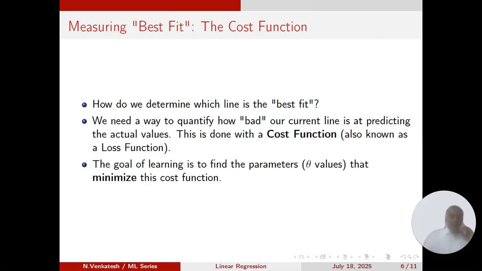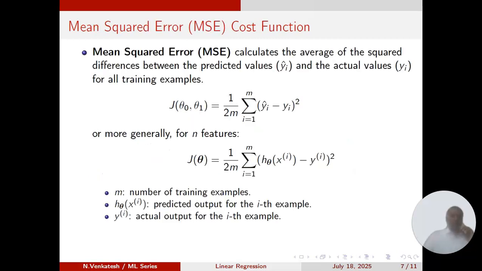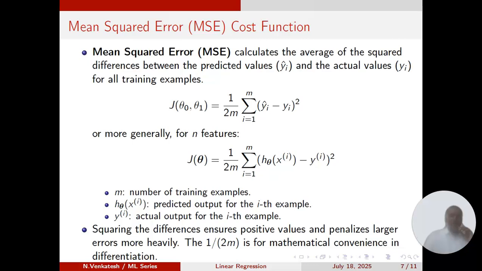Now we can use that error, but we will be using a squared difference, not the direct difference, because a squared difference always gives a positive value, while the normal difference sometimes gives a positive and sometimes a negative.